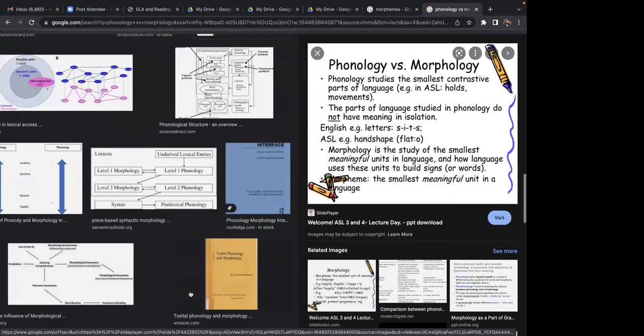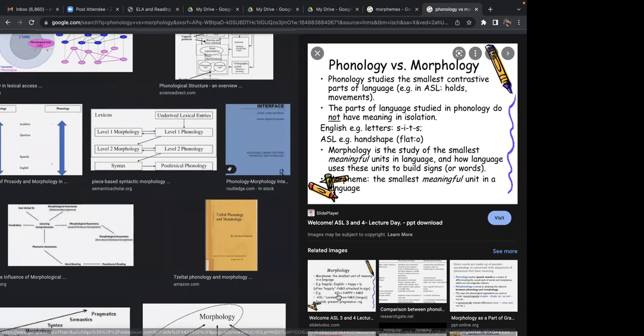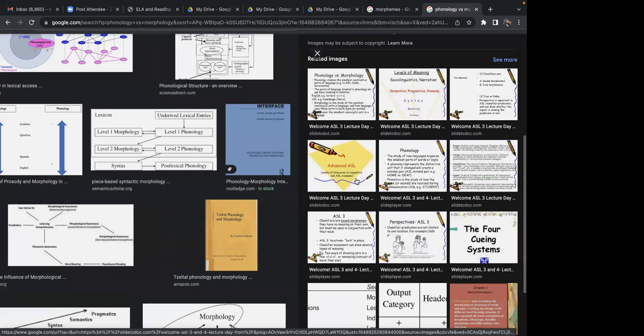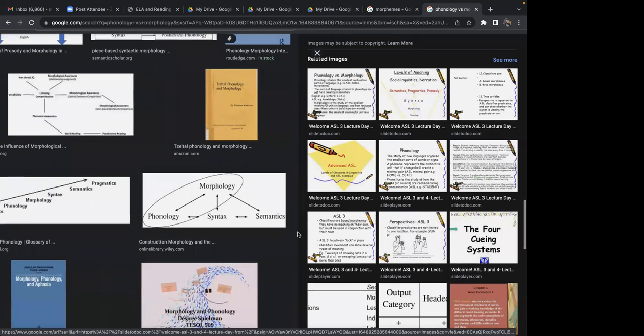So it's very important to have a good understanding. The smallest units of meaning in language: you have happily, and then you have hap plus ly. Care plus less. Each of those morphemes together creates a word.